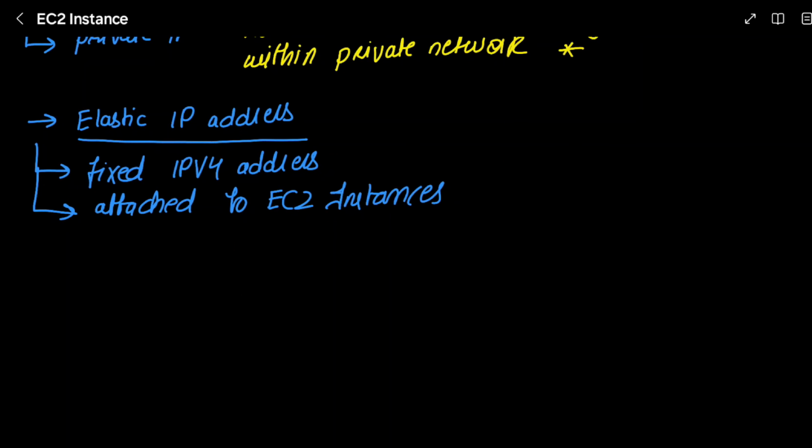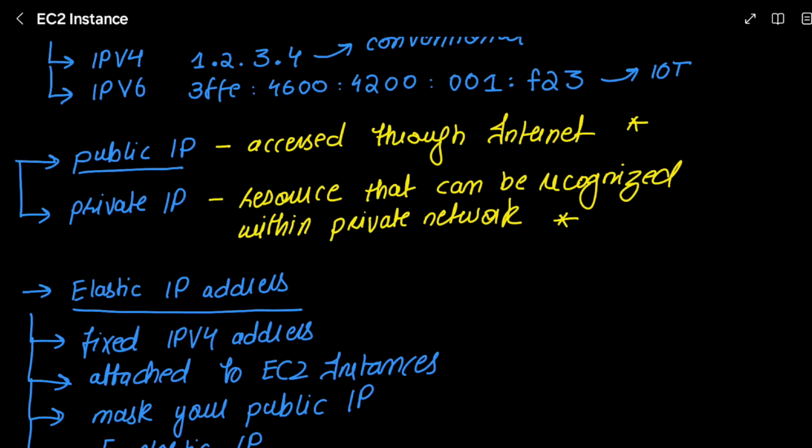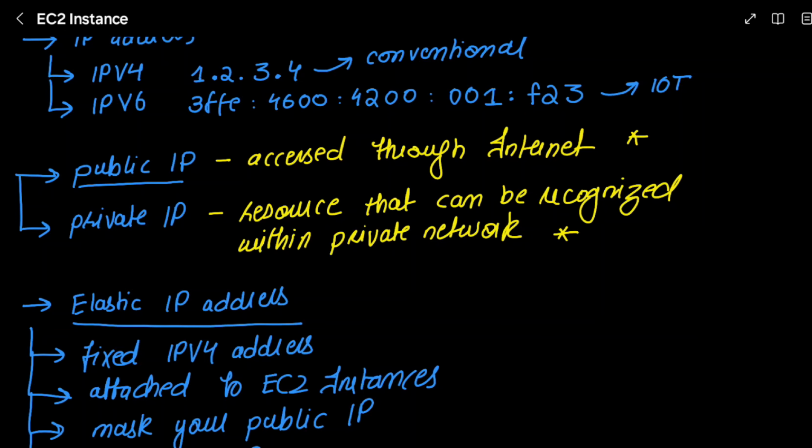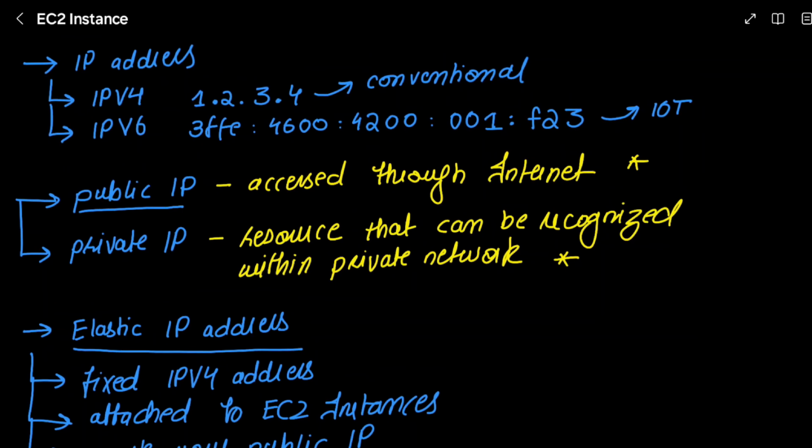And as told previously, they mask your public IP address. And with every account you get only 5 Elastic IP addresses. All right, so yeah, that's the use case for Elastic IP address.